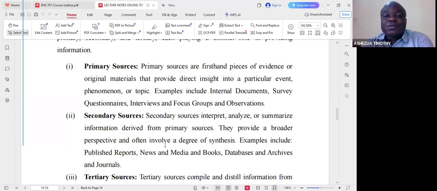So once you read it from there, these are secondary sources of information. They are not primary sources. Because primary sources are the source of information you get direct, first hand. And all this information you get from the print media are secondary sources of information.